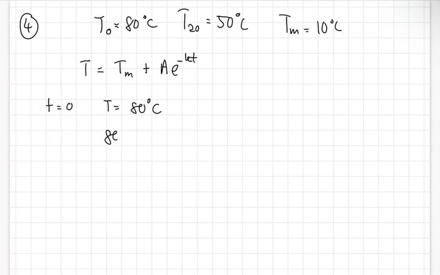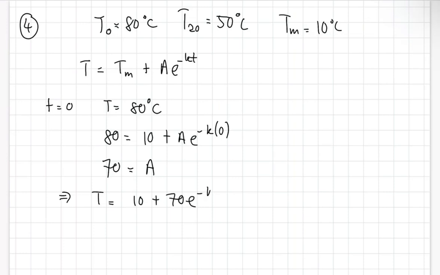So 80 equals Tm, which is 10, plus A e to the power of minus K multiplied by 0. So 80 minus 10 is 70. A multiplied by 1 is A, so A is 70. So now T is 10 plus 70 e to the power of minus Kt.